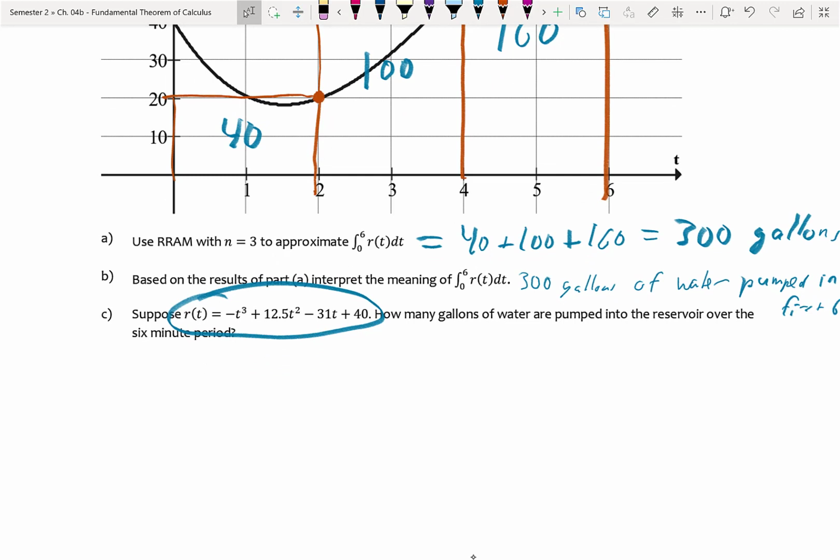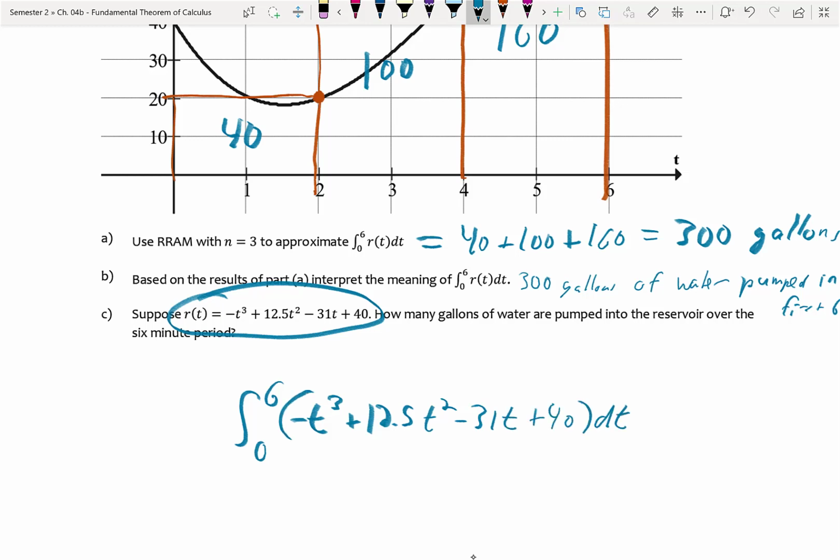What do you do to figure that out from a curve, from a function? Integral 0 to 6 of negative t cubed plus 12.5 t squared minus 31t plus 40 dt.